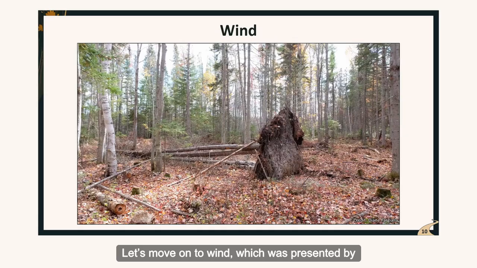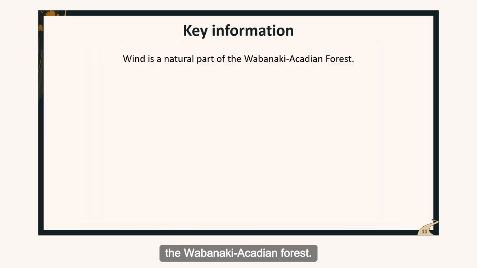Let's move on now to wind, which was presented by Professor Anthony Taylor. This picture of a blowdown was taken in Bathurst. Wind is a natural part of the Wabanaki Acadian forest. Now, predicting wind patterns with climate change is complex.